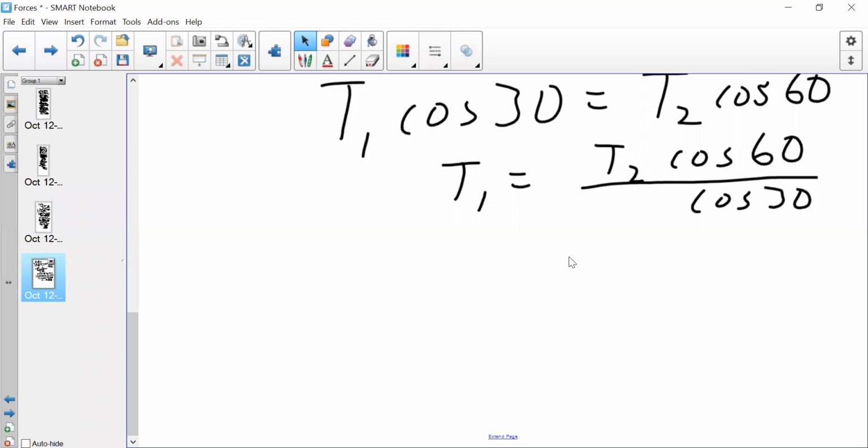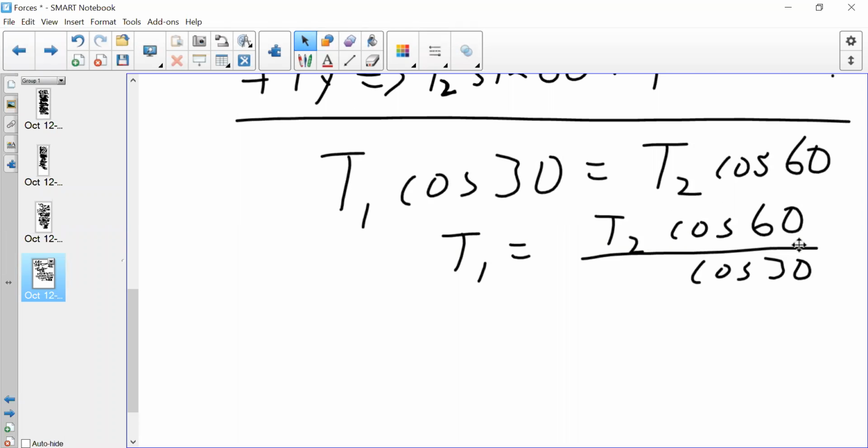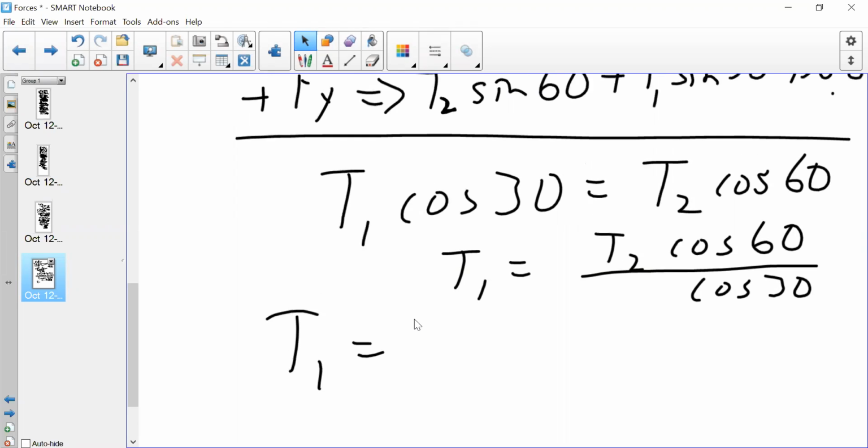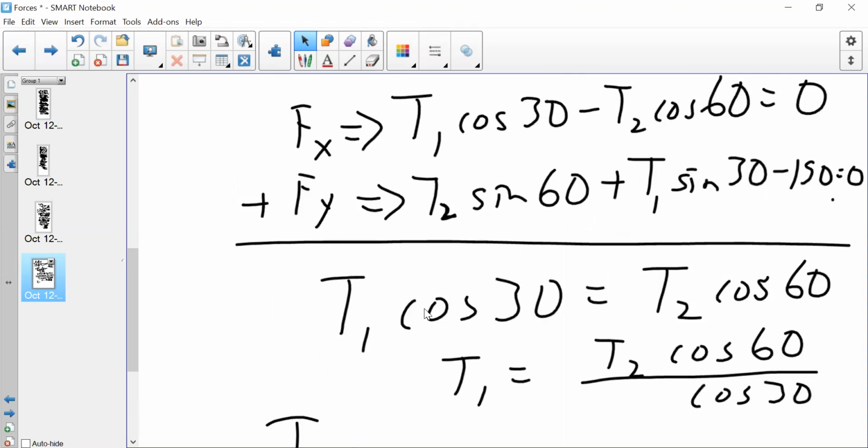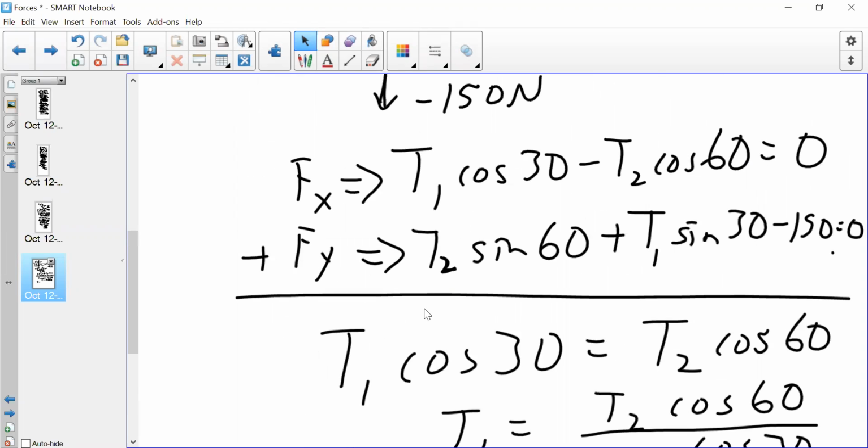So we're now at T1 equals T2 cos 60 over cos 30. So T1 will be something times T2. Can you scroll up a little bit? Yeah, right here.